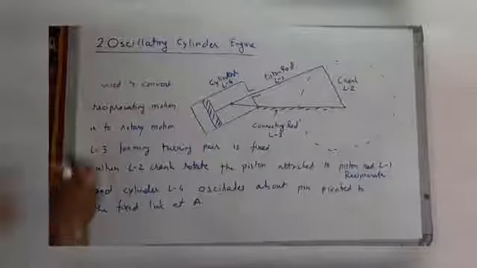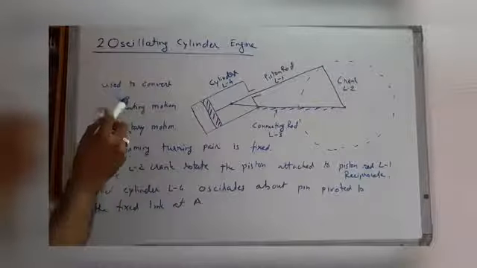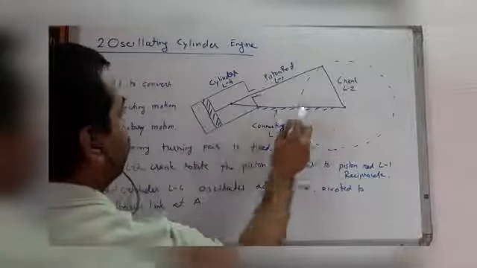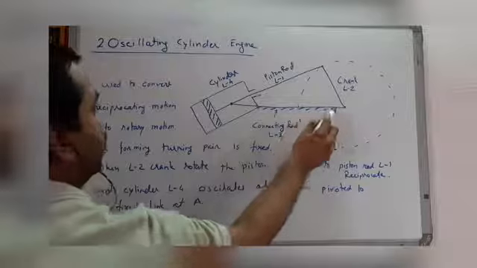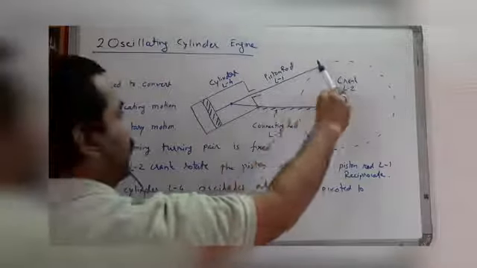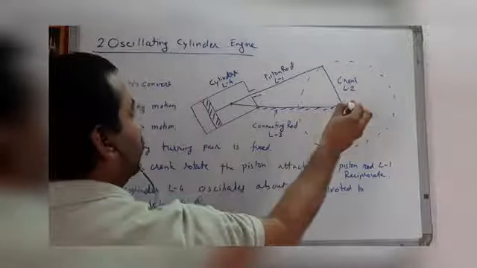Next type is oscillating cylinder engine. Here, this is one link, connecting rod. This is fixed. Then crank is attached, crank is linked to, and this rotates about this point.